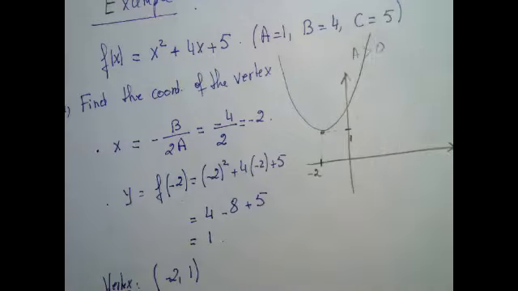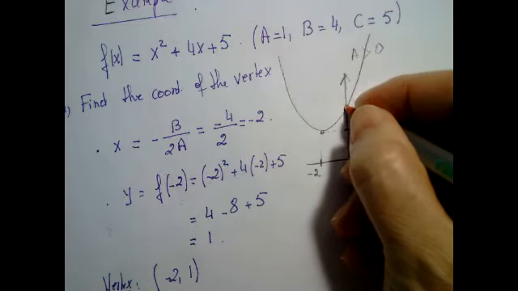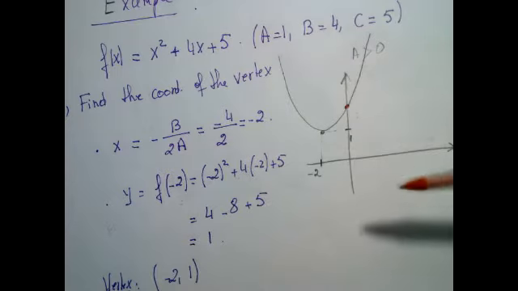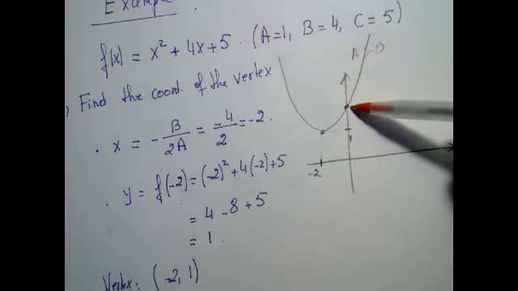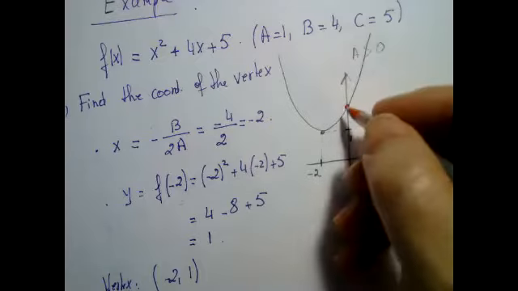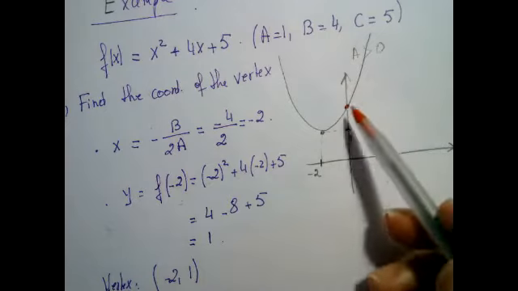Now, before I go on, whenever I have a parabola, one of the values I like to see is this value here. It means what's the value of f when x is equal to 0? What's the value here, the y vertical intercept?